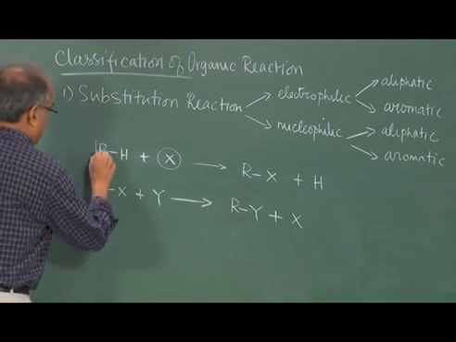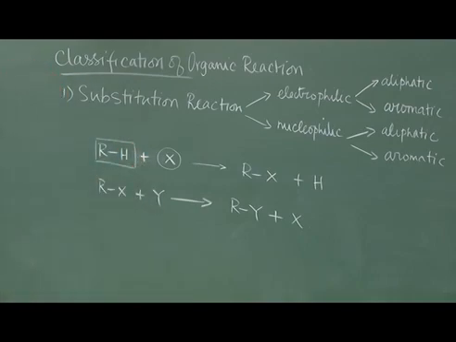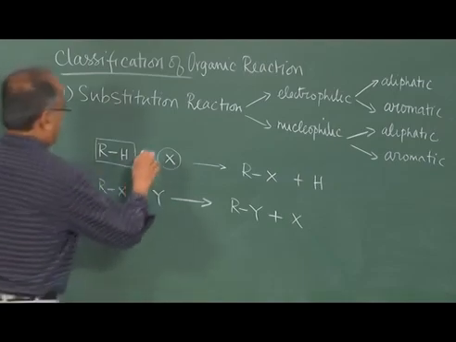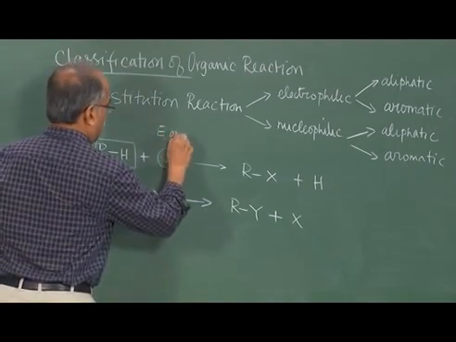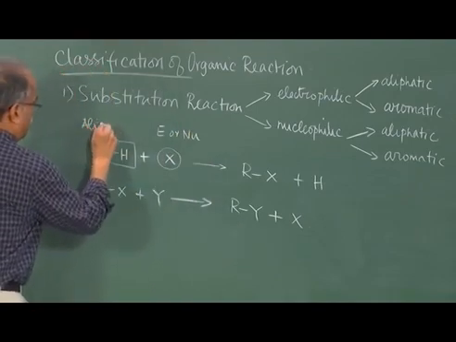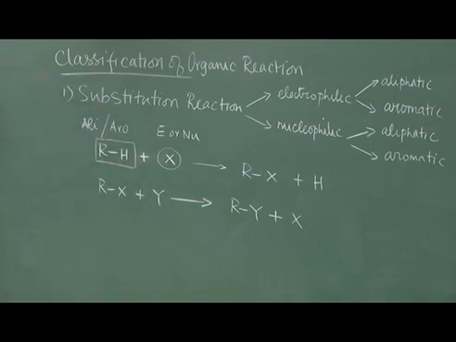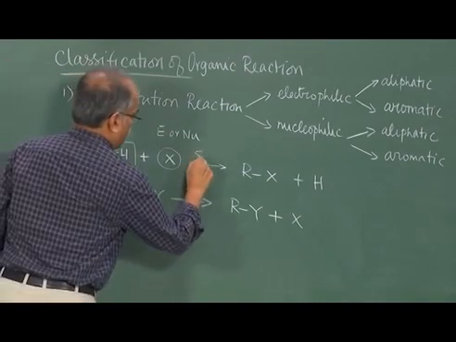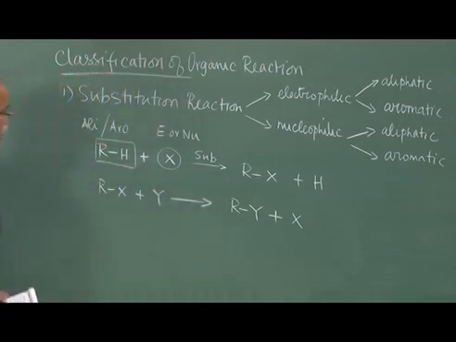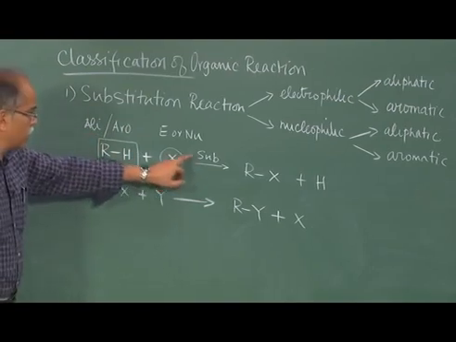This substrate can be either an aliphatic substrate or an aromatic substrate. So, here you can have either electrophile or nucleophile, and here you can have an aliphatic or aromatic substrate. Overall, the reaction is a substitution reaction. So, you can now understand an electrophilic aromatic or electrophilic aliphatic substitution reaction.